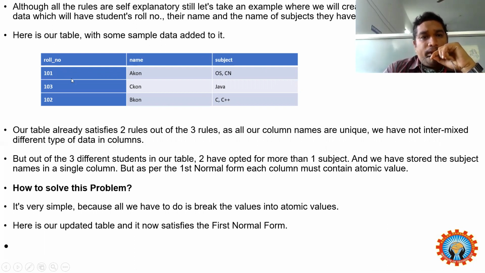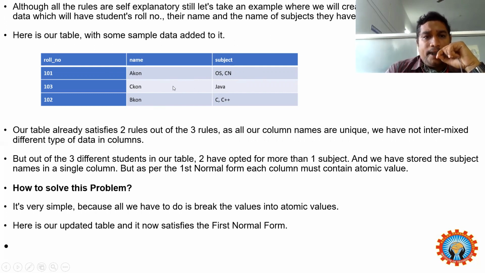Now whenever the data comes like this, from the ER diagram to table format, this relation is not enough because our table already satisfies two out of three rules.